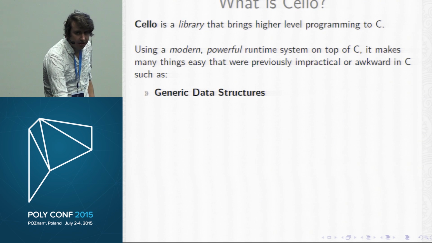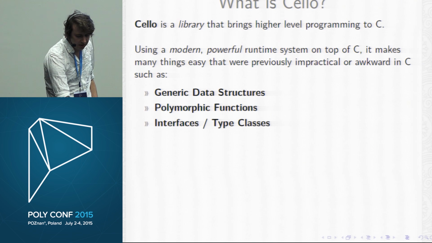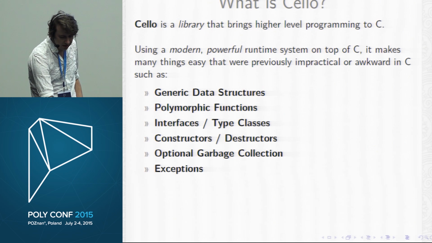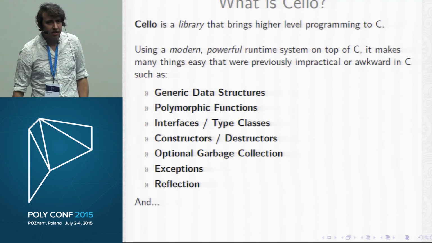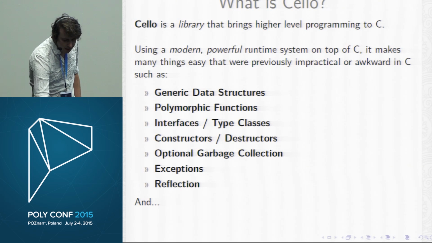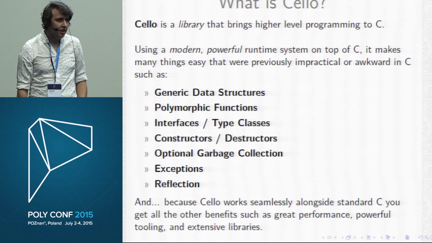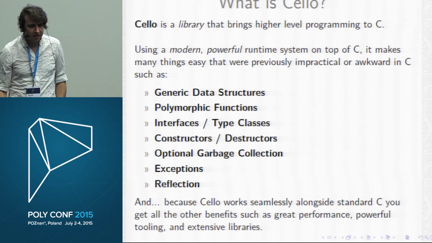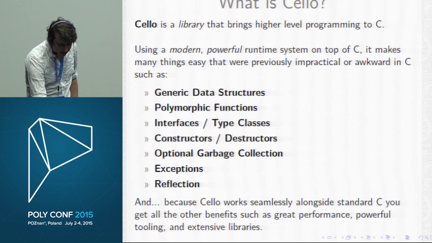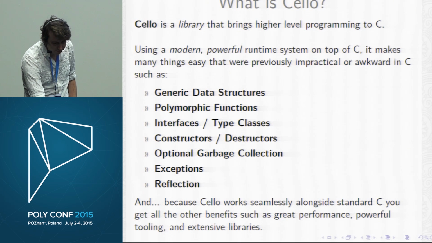This is things like generic data structures, polymorphic functions, interfaces, constructors, garbage collection, exceptions, reflections. So there's a whole bunch of cool things which can be added. And because it's just a C library, you can also use other C libraries and you get great performance and, yeah, everything which is normal with C you get.